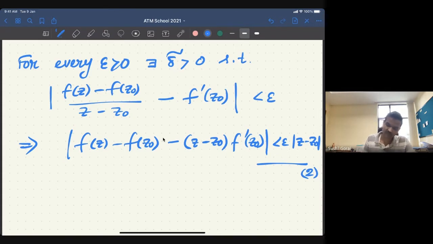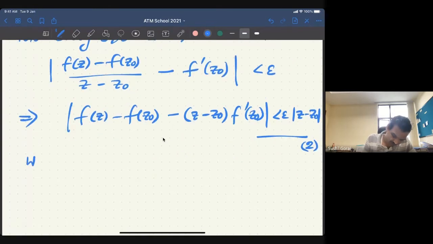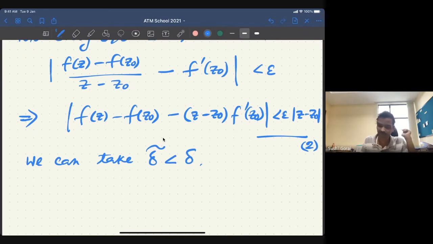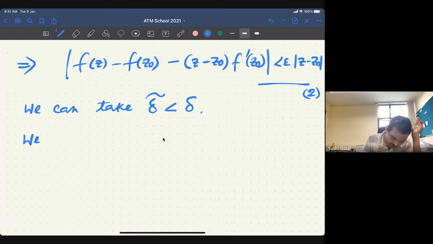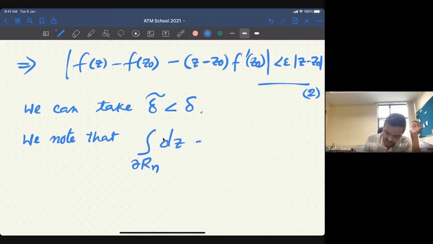All right. So this is important. And what is this delta? Such that mod z minus z naught less than delta tilde. So we can take delta tilde less than delta. All right. Now note a few things. We note that the integration over del Rn of dz is 0, right?